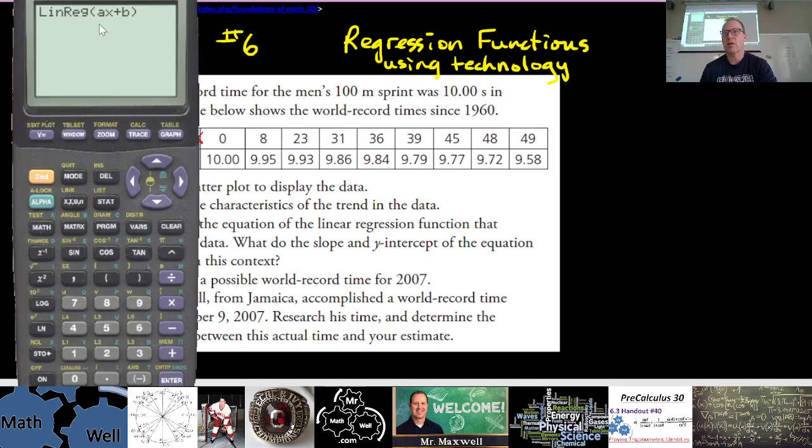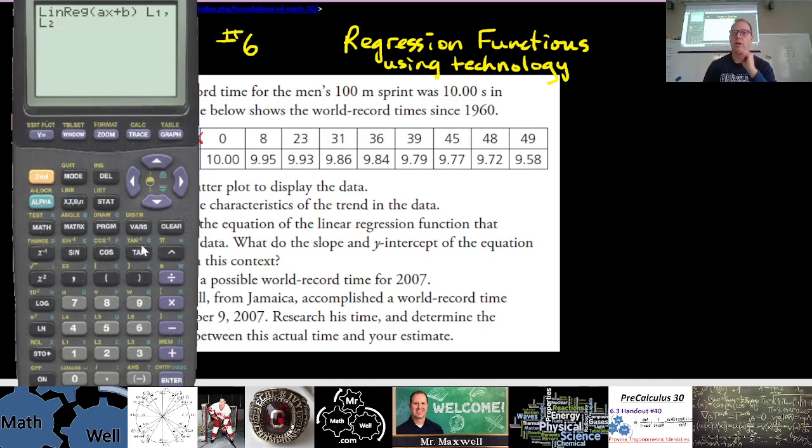Now we're not done yet because we have to tell the calculator what lists to draw from. You want to put your x values first, which were in list 1. So I'm going to hit second function, list 1. Then I'm going to separate that by a comma, so x comma y, and y is list 2, second function, list 2. Before you hit enter, we're going to do one more thing to make our lives a little more simple.